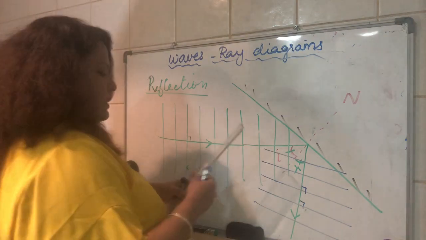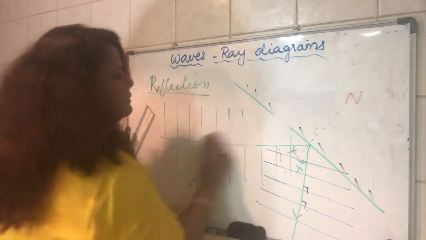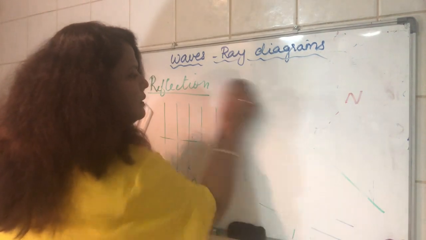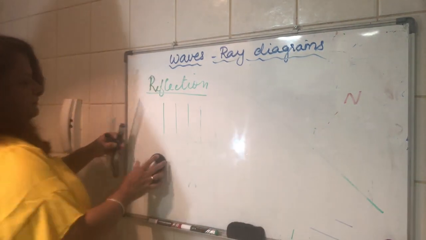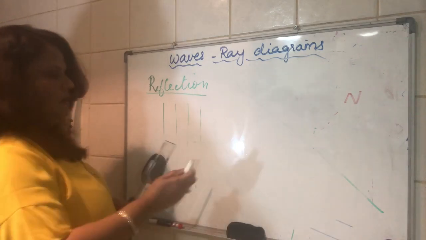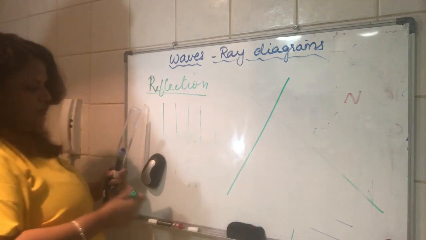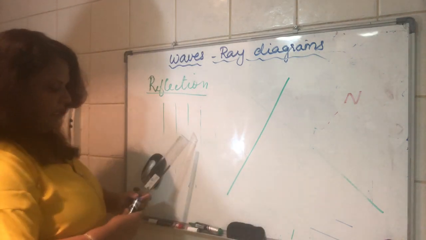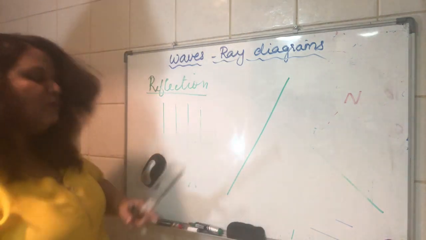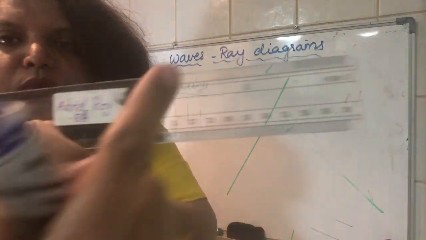Okay, I'll draw it separately and show you what I am talking about. So you have a reflected ray like this. If I want to draw accurately 90 degree lines to these, then what I should do, one of these markings is what I'm talking about.